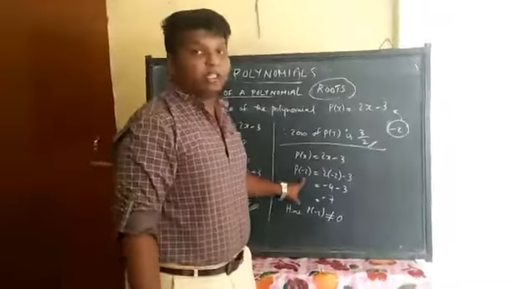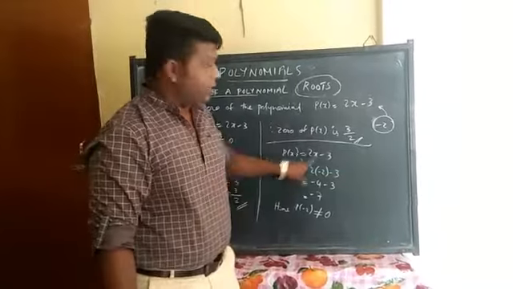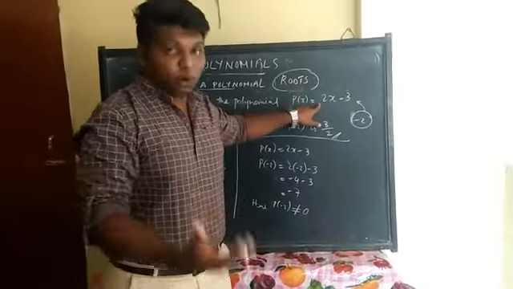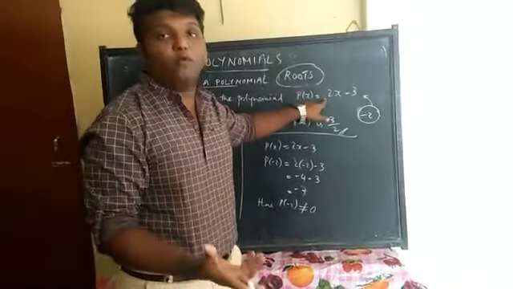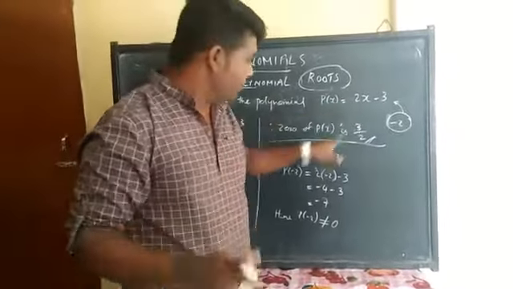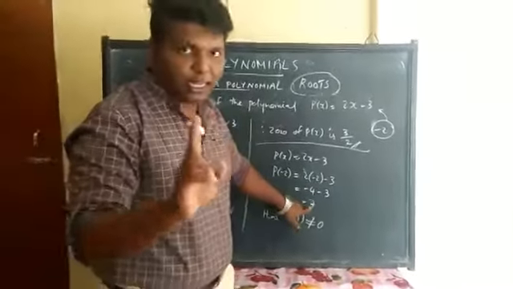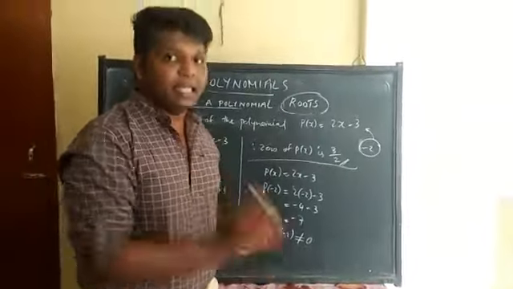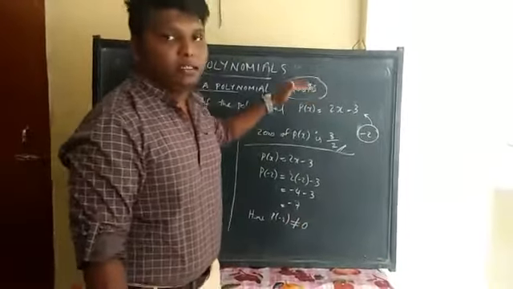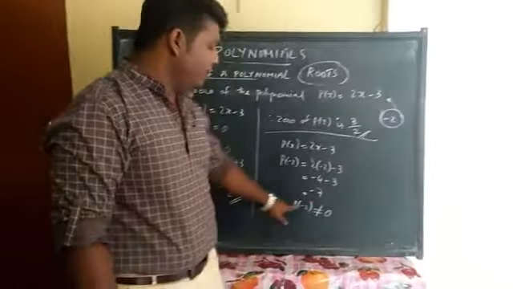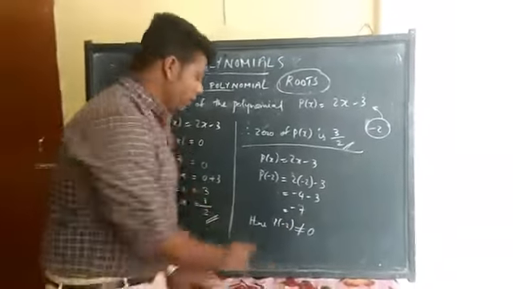See here, what were we checking with p of minus 2? Whether this minus 2 is the 0 of the given p of x or not. Is it the 0 of the given polynomial? That's what we were checking. And we found that p of minus 2 is not 0. It is not a 0. If it were 0, what would we write? Yes, it is the 0 of this polynomial. But here it is not 0. That's why we will write here p of minus 2 is not equal to 0.